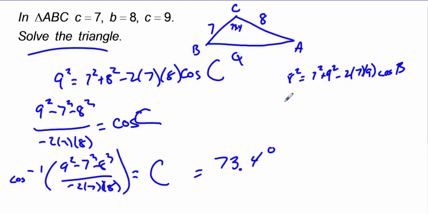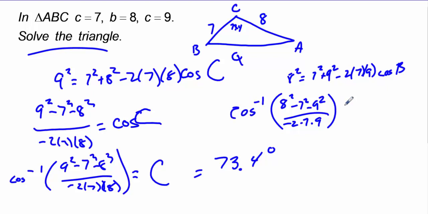So again, 8 squared minus 7 squared minus 9 squared over negative 2 times 7 times 9. Take the inverse cosine of all that to get me B. And that gets me roughly 58.4 degrees.